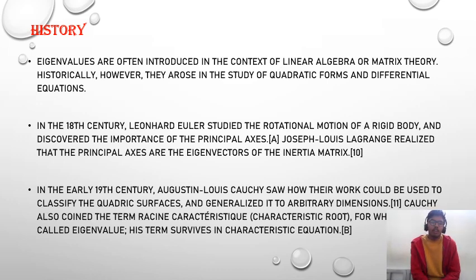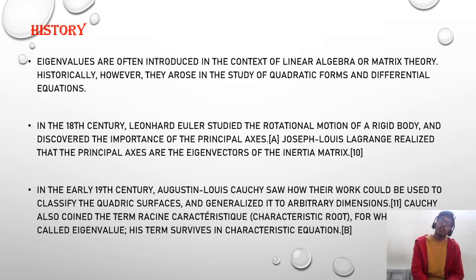Eigenvalues are often introduced in the context of linear algebra or matrix theory. Historically, however, they arose in the study of quadratic forms and differential equations. In the 18th century, Leonhard Euler studied the rotational motion of a rigid body and discovered the importance of principal axes.